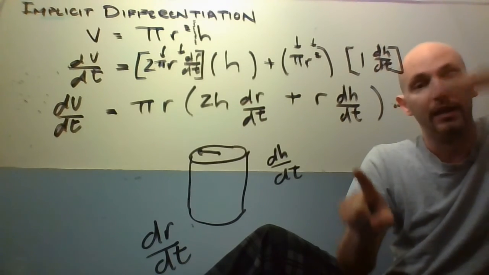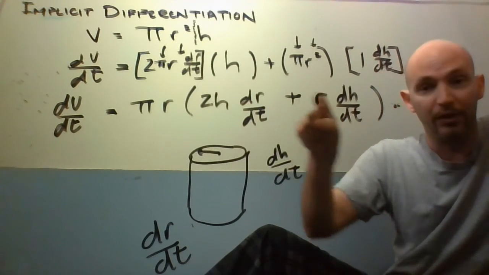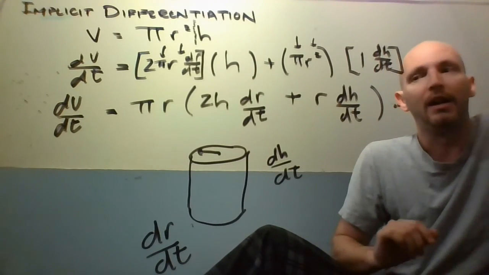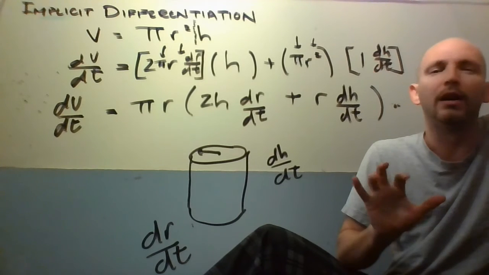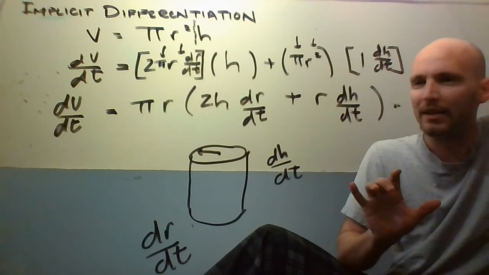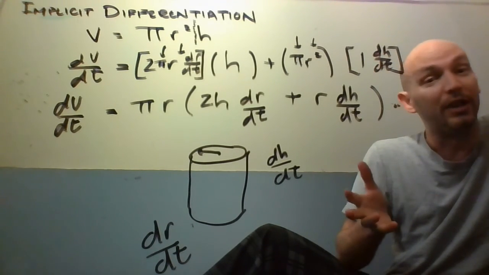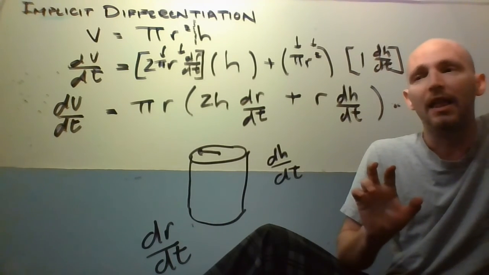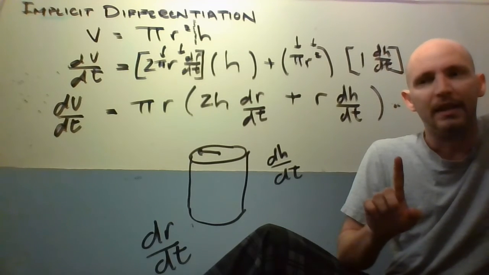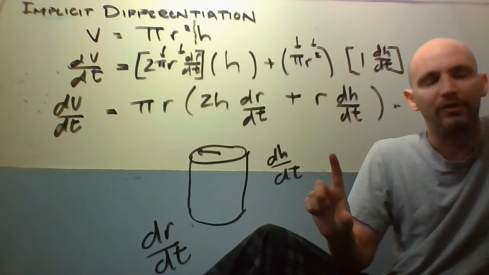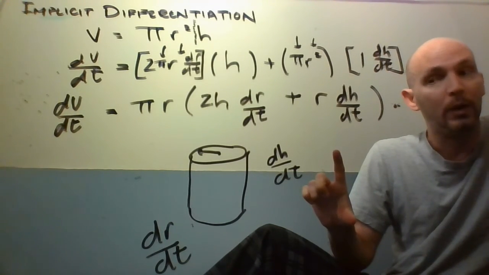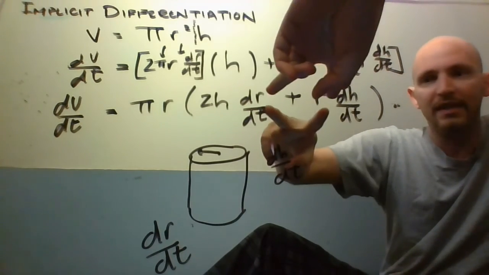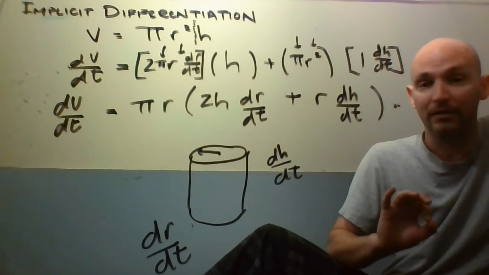You can either let its height change, or you can let its radius change, or you can do both. In fact, and this is where this gets interesting from an engineering application point of view or from a physics point of view, it's possible that you can let the height grow, and let the radius shrink so that these 2 things match each other.